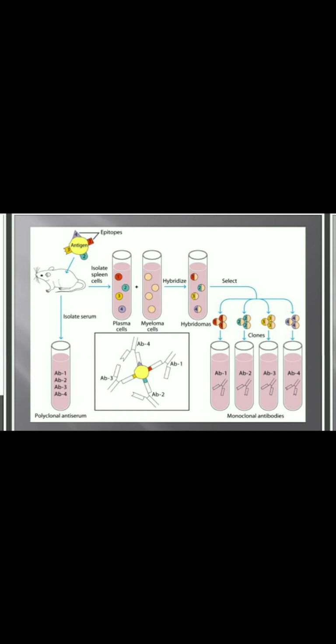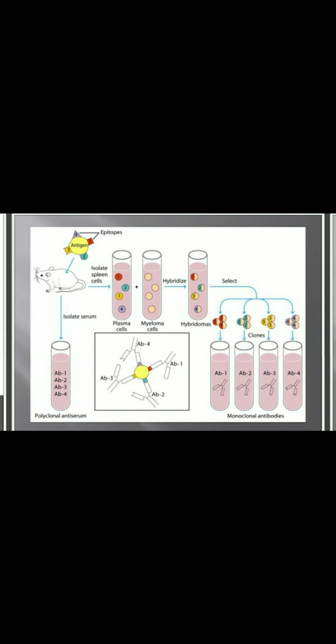Now this is a simple representation in which epitopes of the antigen are given to the mouse. After isolation of the serum, we get the polyclonal antiserum, which contains antibodies 1, 2, 3 and 4.